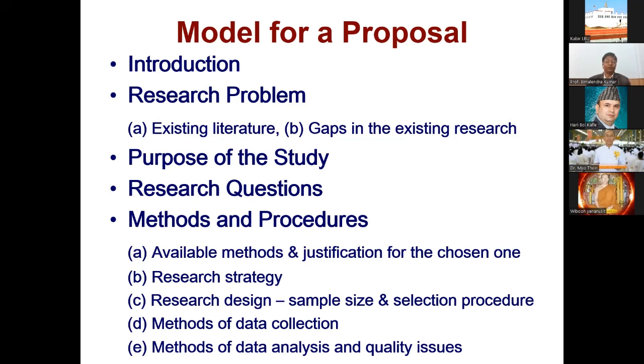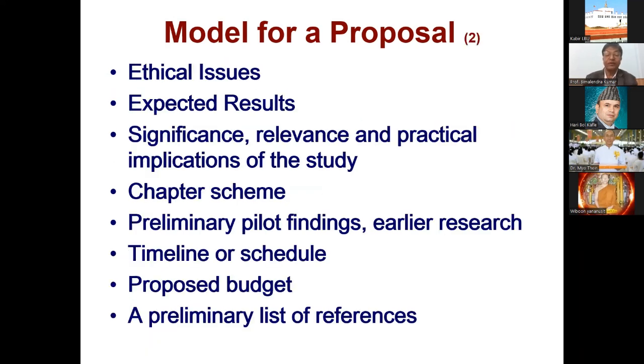We have to give methods of data collection. A research scholar has to explain what type of methodology he is going to adopt for collecting the research materials, and then what are the data analysis and the quality issues.